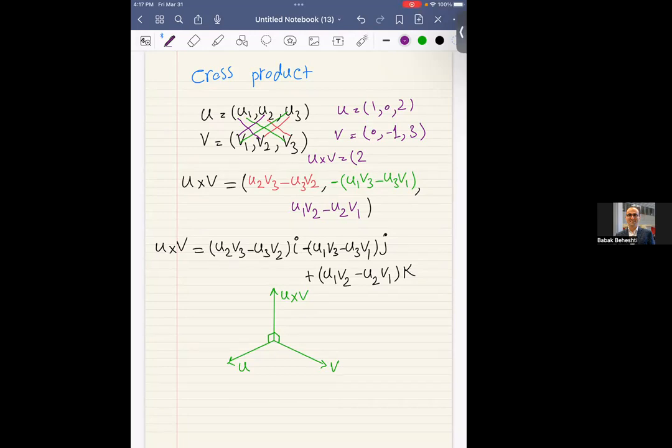For the second component, 1 times 3 minus 2 times 0. So it's just 3. There is also a negative sign, so -3. And for the last component, I have to use this formula: u1 times v2 minus u2 times v1. u2 and v1 are both 0, so it's u1 times v2, 1 times -1.